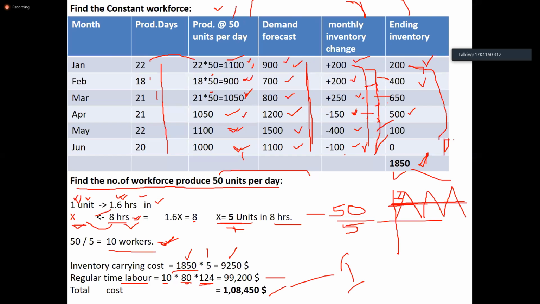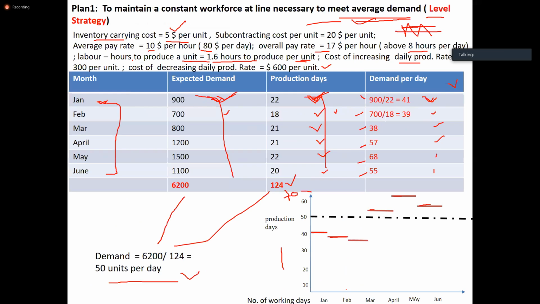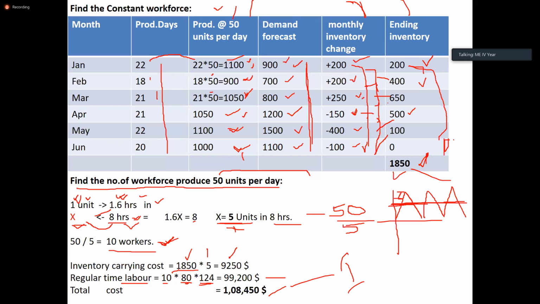Sir, in the last regular time labor, 10 into 80 into 124 is there, na sir? What is the 10 there? So this 10 is the average rate. Per person we are paying this. So how many members?